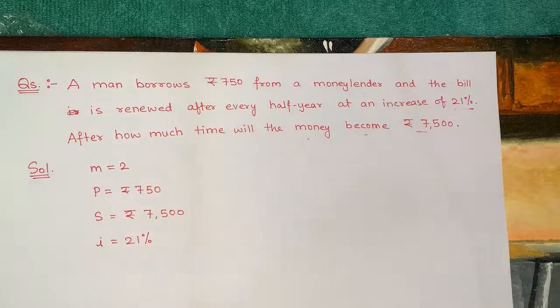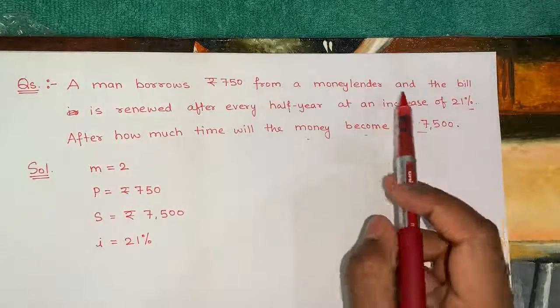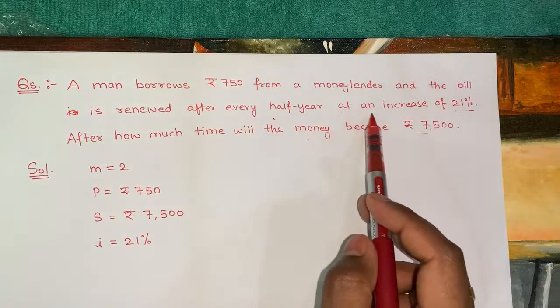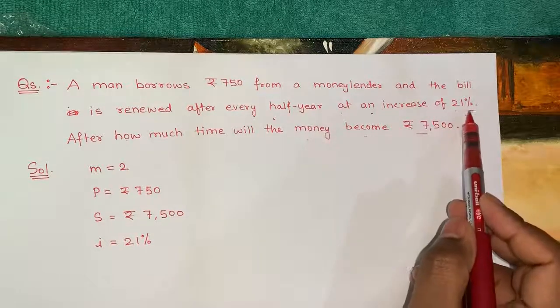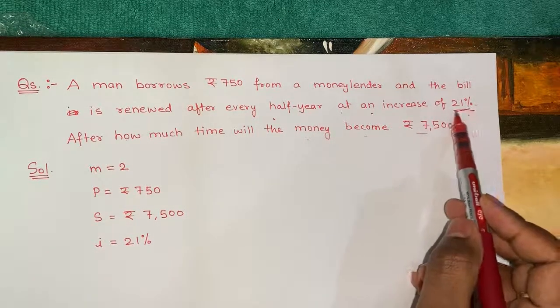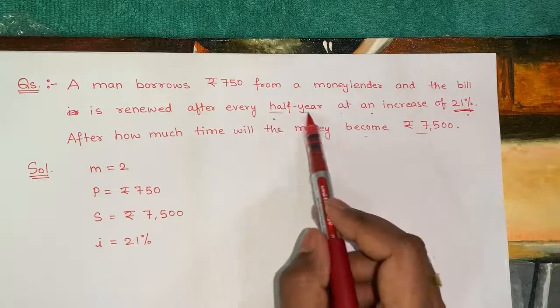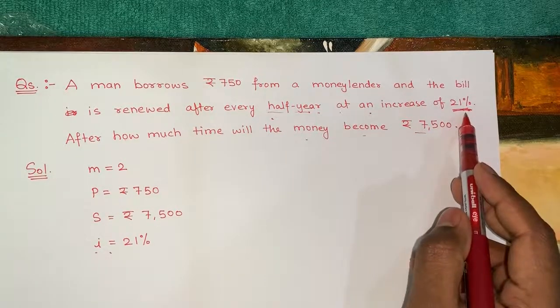Now most of the students would be having a doubt why R is not equal to 21%. Read the lines. The bill is renewed after every half year and it is done at an increase of 21%. Means this 21% is not the interest rate per annum. This 21% is the half year rate, which means that I is given to you, which is 21%.